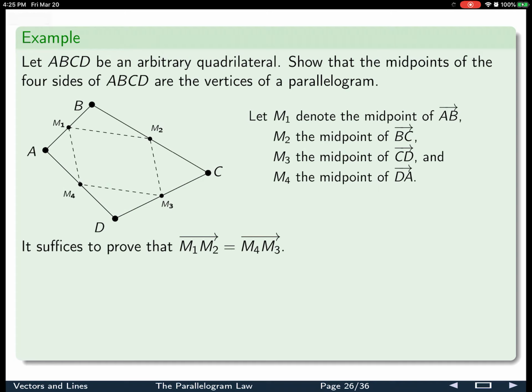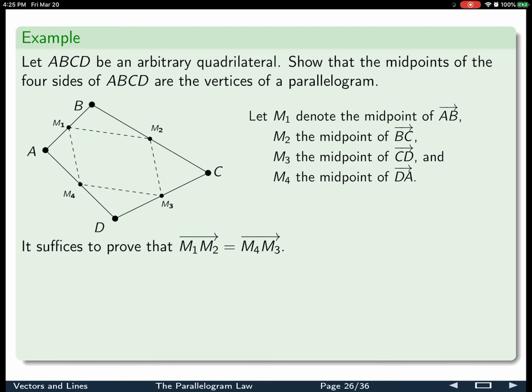All right, now we're looking at a quadrilateral, ABCD. Show that the midpoints of the 4 sides are the vertices of a parallelogram. We're constructing 4 midpoints along the outside edges.